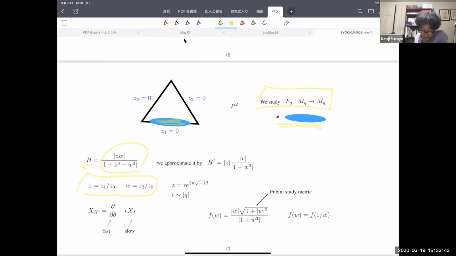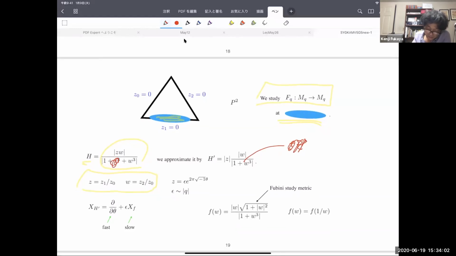And I want to make some approximation. This kind of thing is very popular in Hamiltonian dynamics. So this guy has this plus Z cube, but I want to eliminate this term to simplify the Hamiltonian. Why can I do it? In this domain, one observes that W divided by 1 plus W cube is uniformly away from 0.